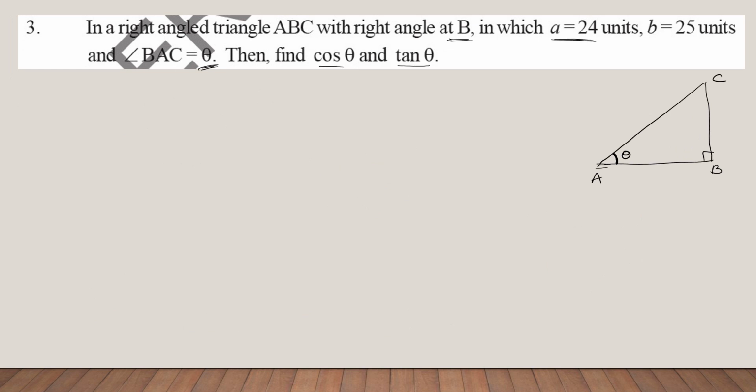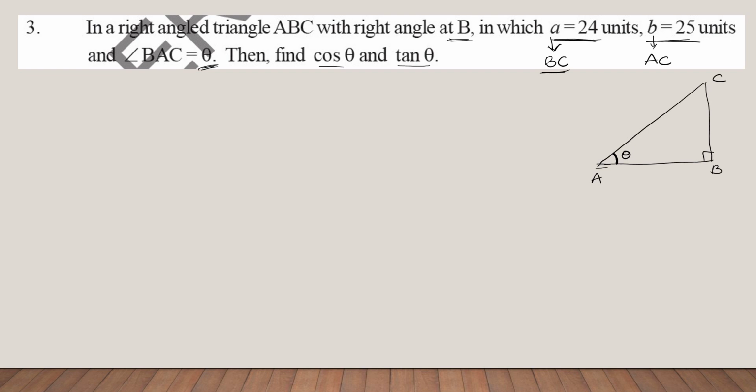Now small a is given and small b is given. What is the meaning of small a? Small a means nothing but side BC, and small b means side AC. When you have a small letter, it means the side other than the two letters, that particular side length.